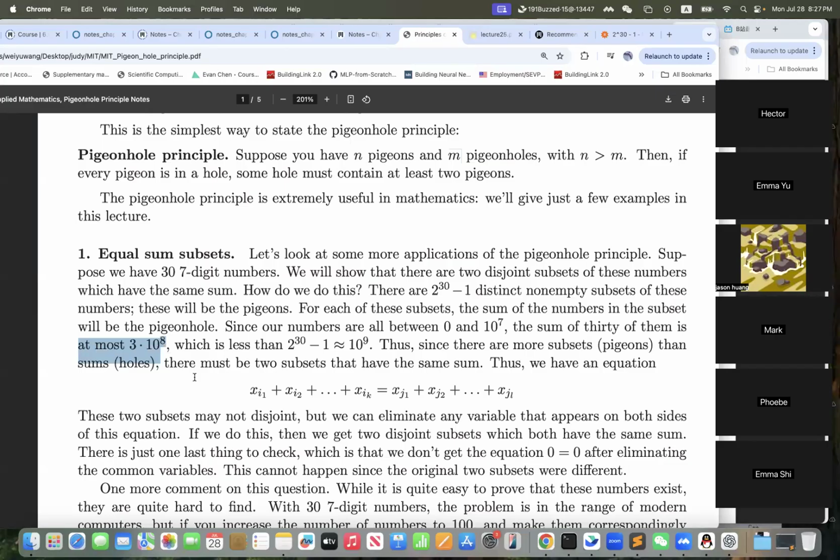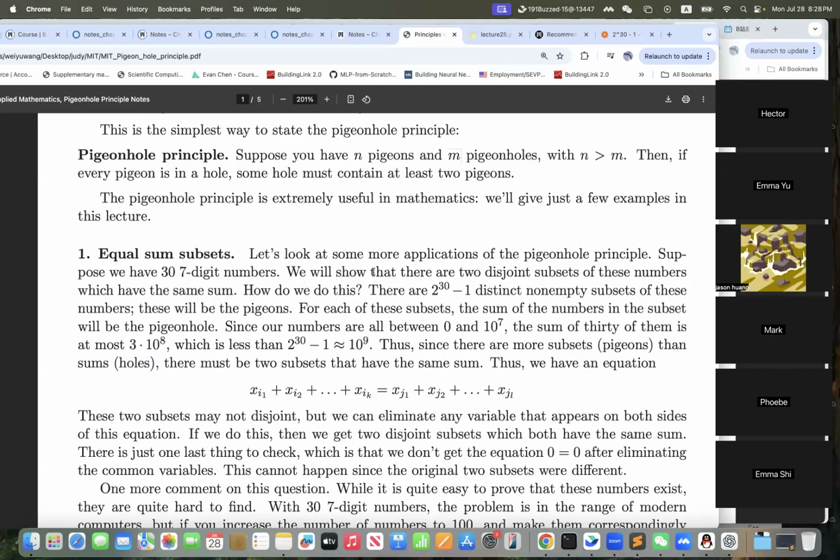Because if we have 30 of the largest 7-digit number, exactly. So since each one of them should not exceed this, 30 times this is 3 times 10 to the power of 8, right? And of course, 3 times 10 to the power of 8 is less than this.